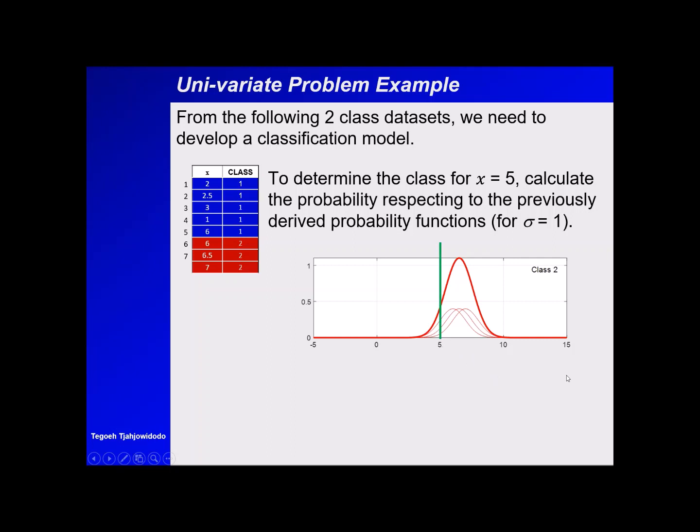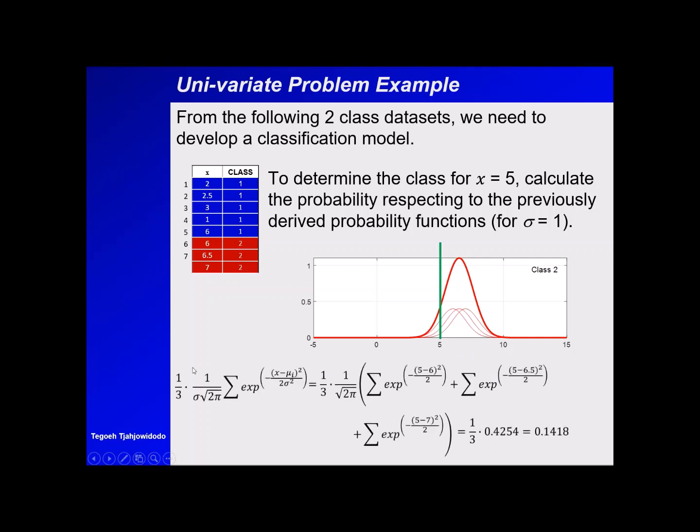When X is equal to 5, I can calculate the probability. I calculate it individually for the first one, second one, and third one, sum it and divide it by 3 because I have 3 samples. And then the result, the probability, is 14.18%, which is bigger than the previous one.